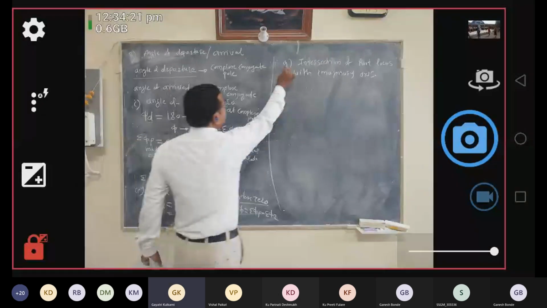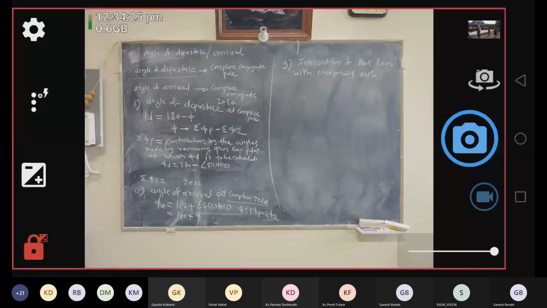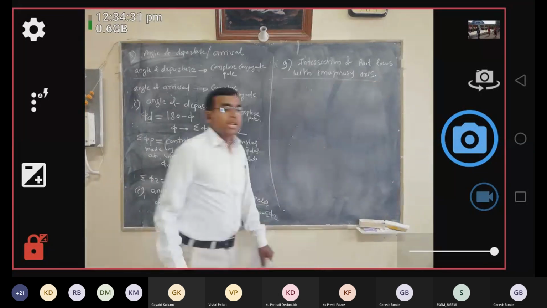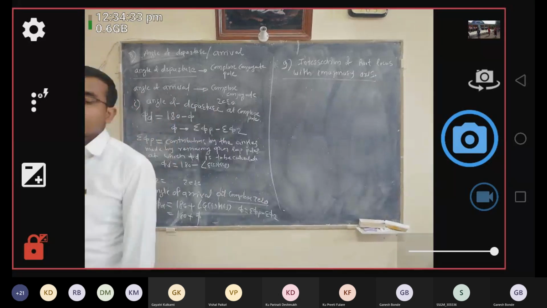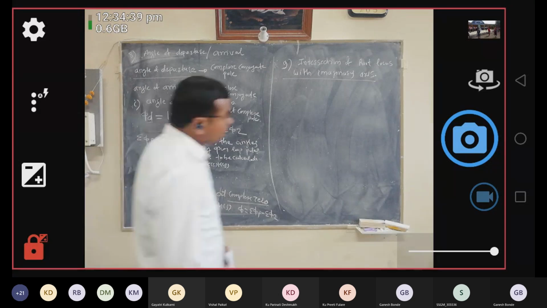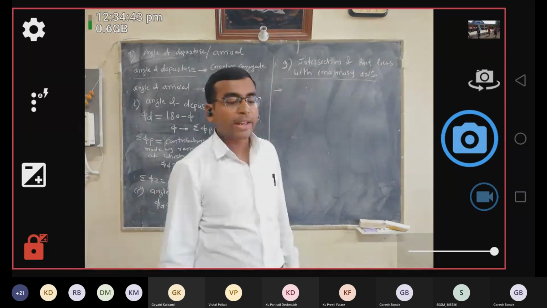So the last step is the intersection of root locus with the imaginary axis. How to determine the intersection of your root locus branches with the imaginary axis? For that purpose, we have already seen the method, that is the root array method.